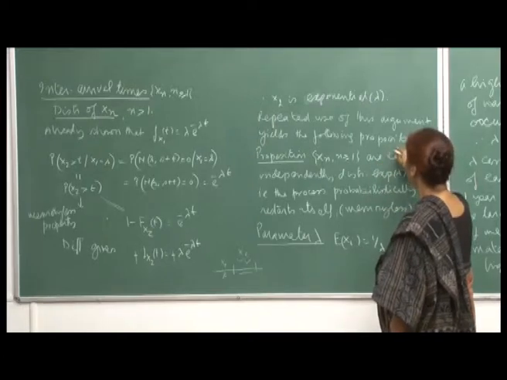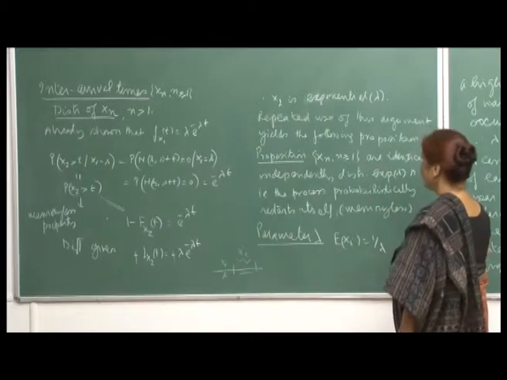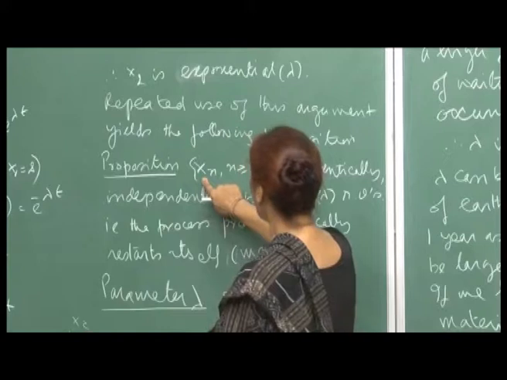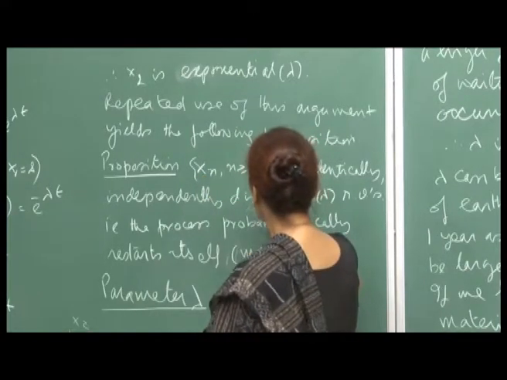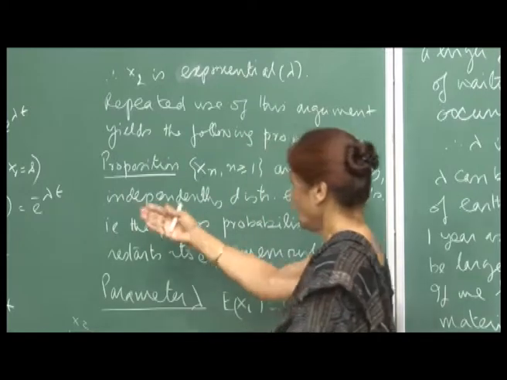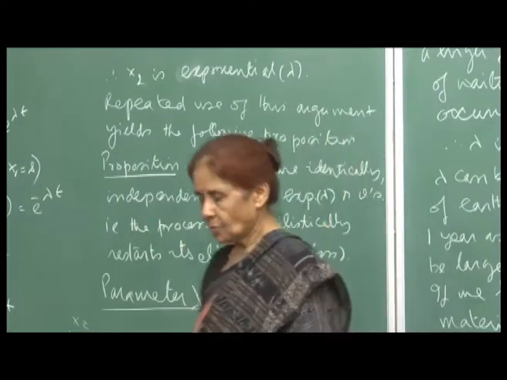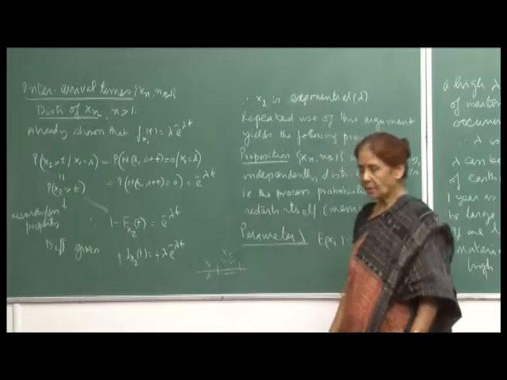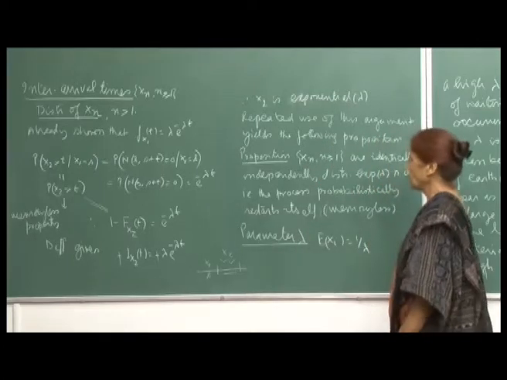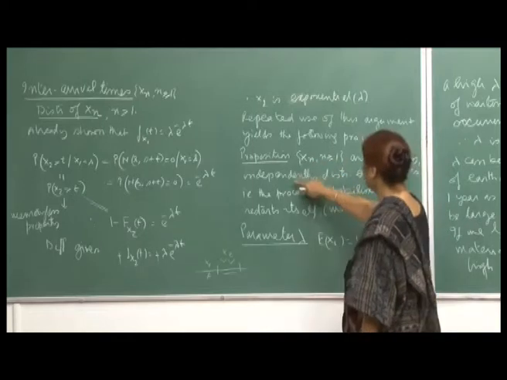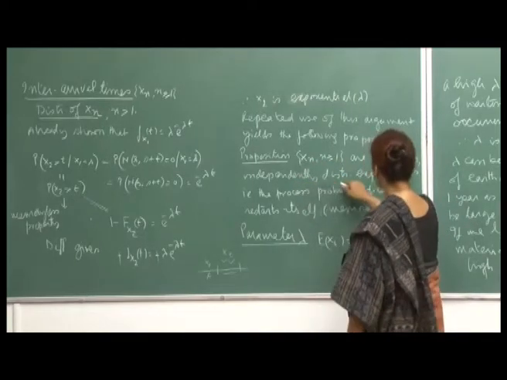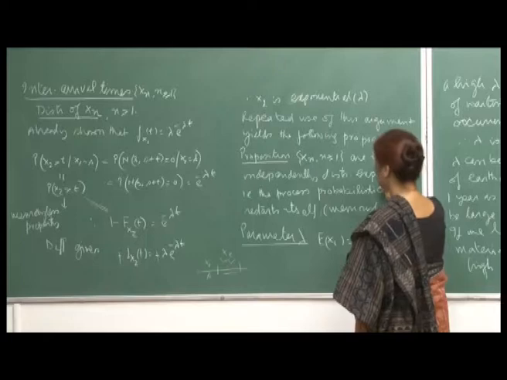So, we end up with this proposition that when you take the sequence of inter-arrival times, these are independently identically distributed. Remember, we have assumed for the Poisson process independent increments and stationary increments. Therefore, the inter-arrival times are independent identically distributed exponential lambda random variables.